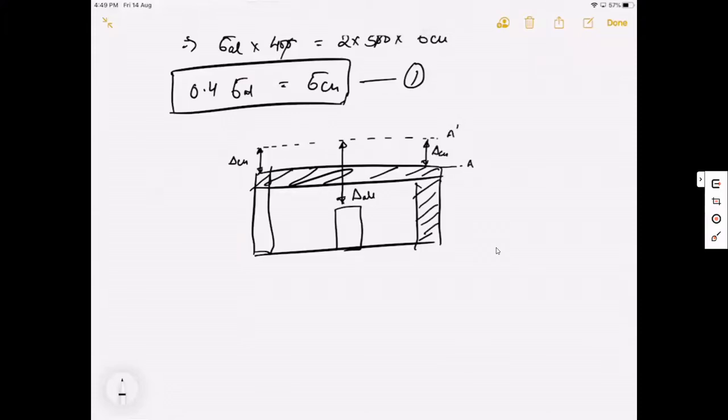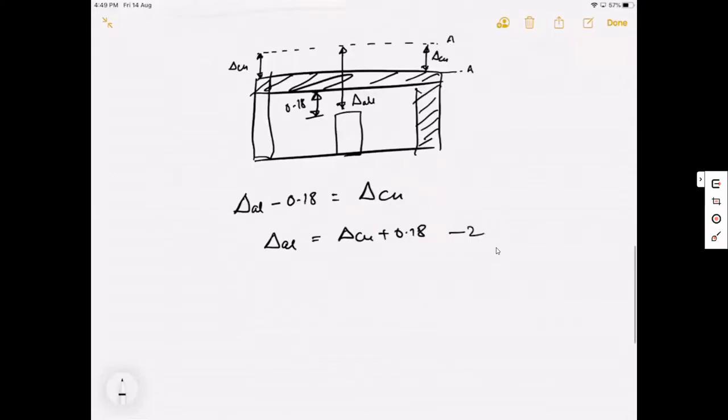This distance is 0.18. So I can write that delta aluminium minus 0.18 will be equal to delta copper. So I can write that delta AL is equal to delta copper plus 0.18. So this is my equation 2.